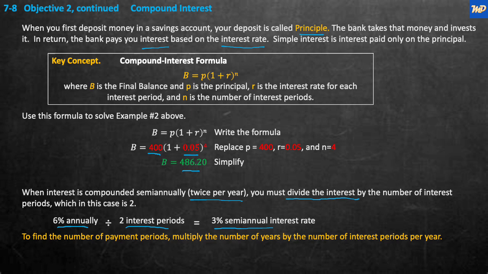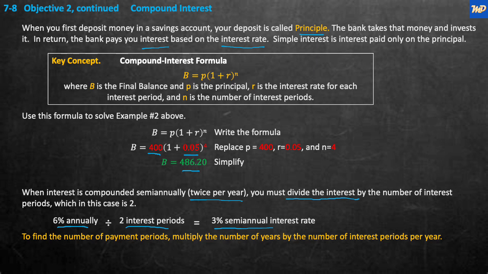And what you'll find is that your principal will grow a little bit faster, because every month you're putting a little bit more interest into the pile. So to find the number of payment periods, multiply the number of years by the number of interest periods per year.